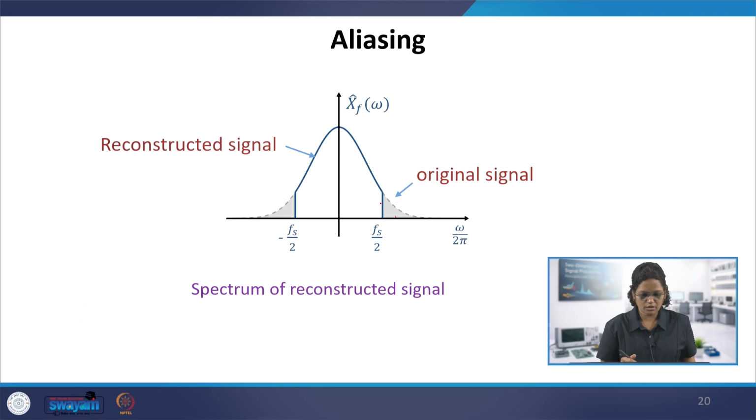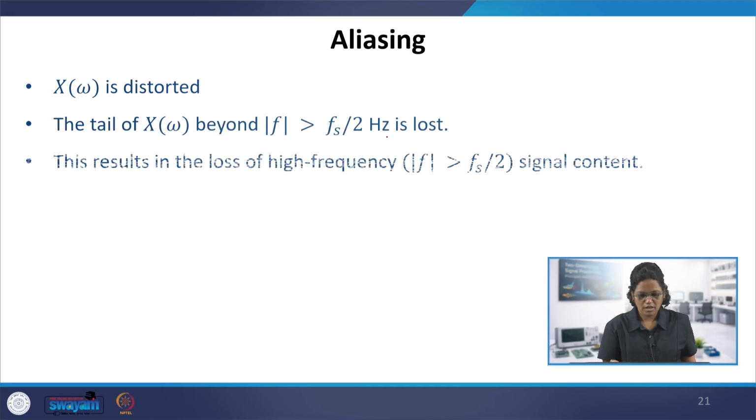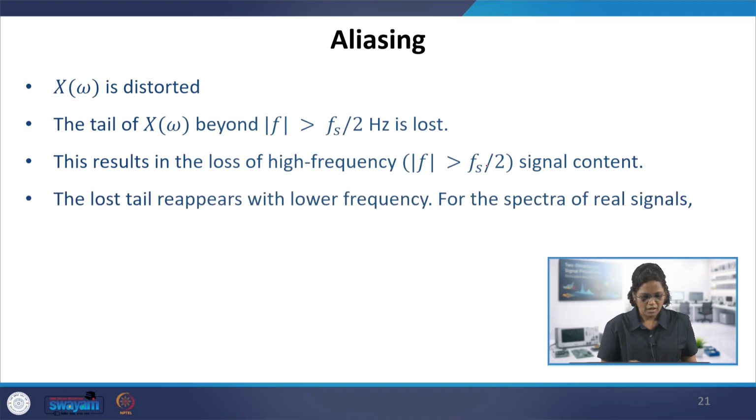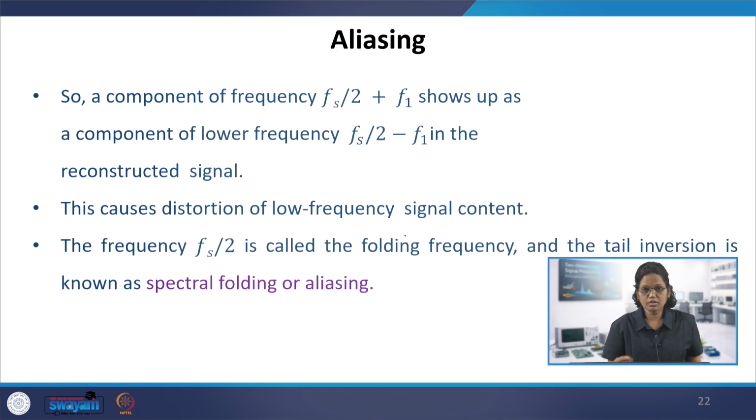There are two things to be noted. This X of omega is distorted because the tail beyond Fs by 2 is lost, that is one thing. And the high frequency content which is lost, because of the overlapping, appears as a low frequency content. So that is also a distortion. Fs by 2 is called the folding frequency, or the spectral folding or aliasing.